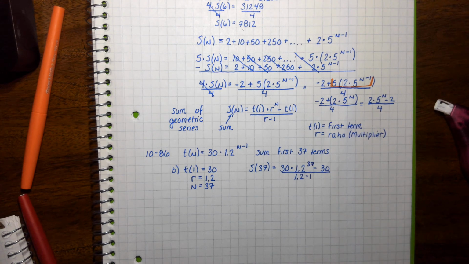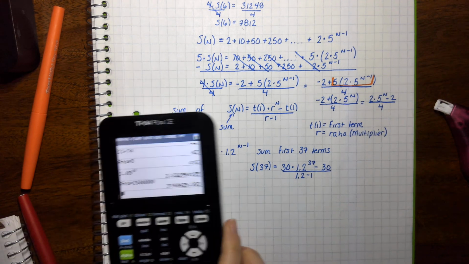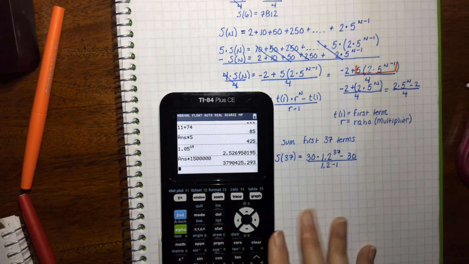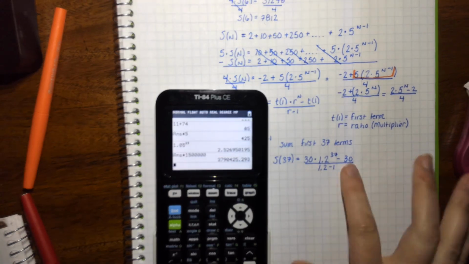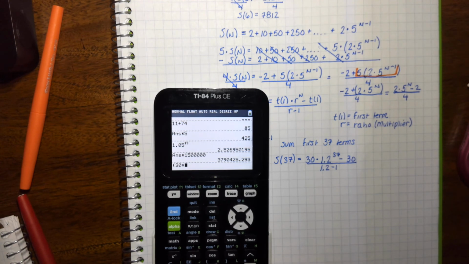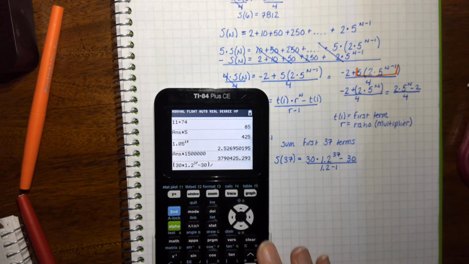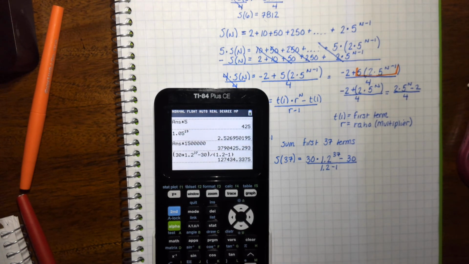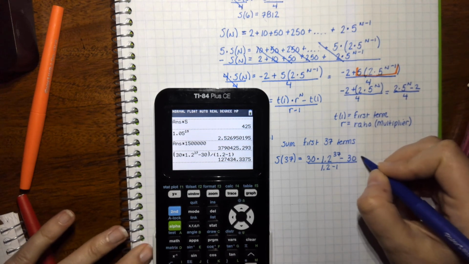Okay, now let's talk about order of operations in the calculator just for a minute. So I would do the top and bottom separately with parentheses, 30 times 1.2 to the 37 minus 30, divided by 1.2 minus 1, and I get 127,434.34.